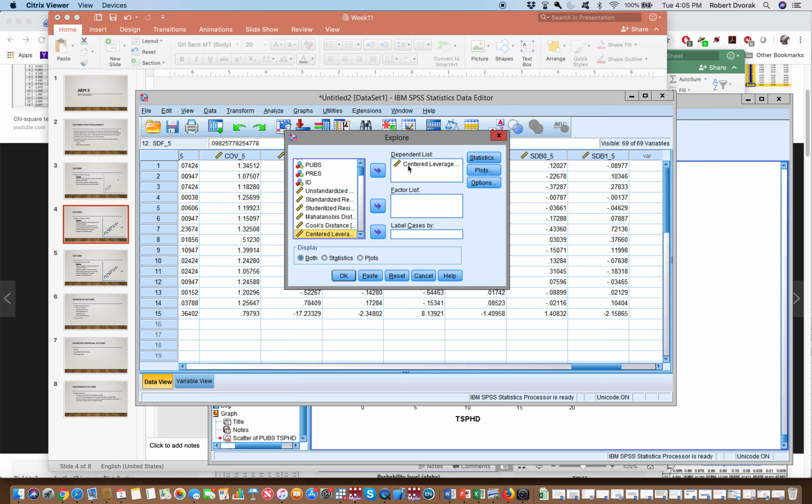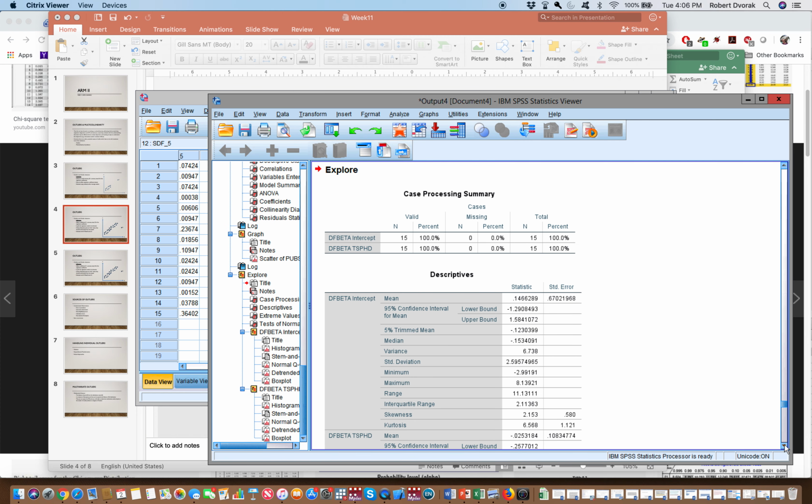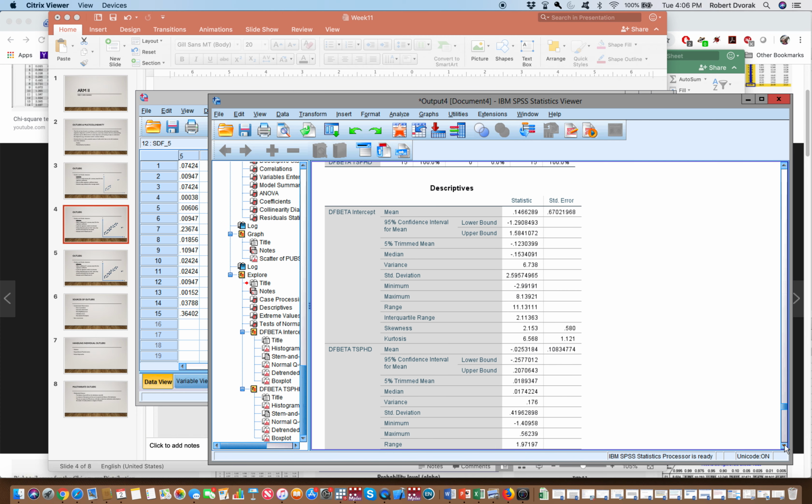We're going to remove leverage this time, and we are going to look at DF beta intercept and DF beta slope. Let's just have a look at these. We can see that the average change in intercepts for any one of those is 0.14 with a standard error of 0.67.